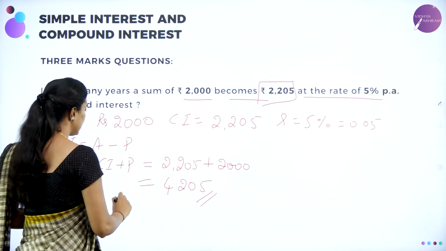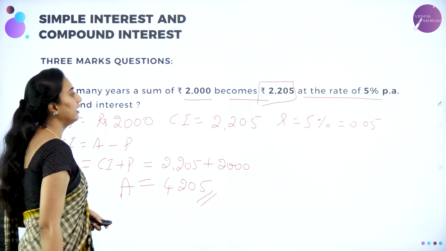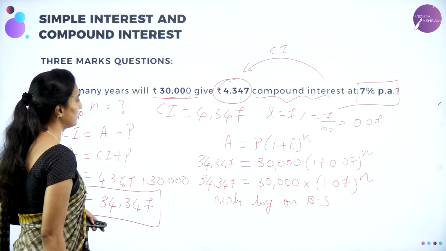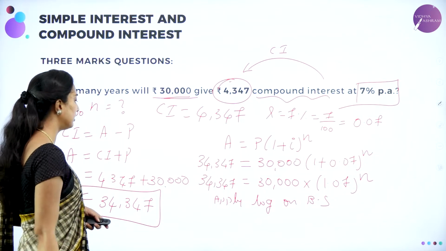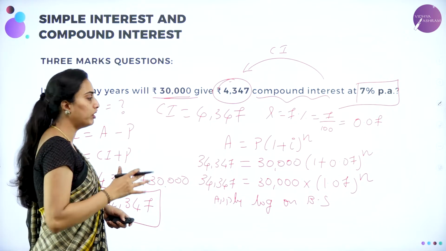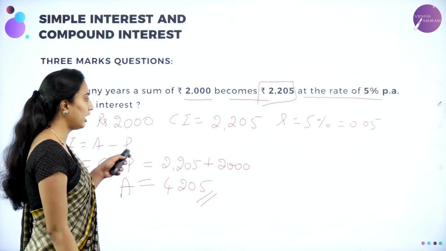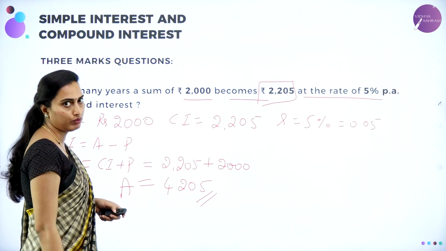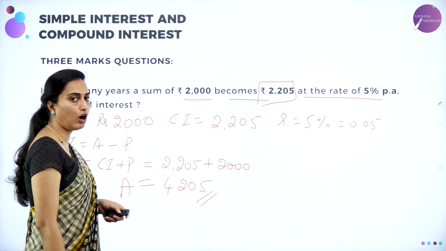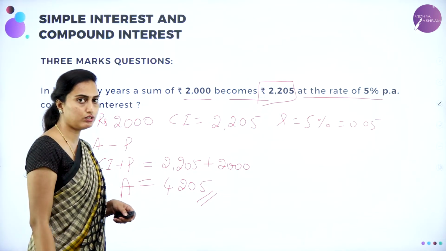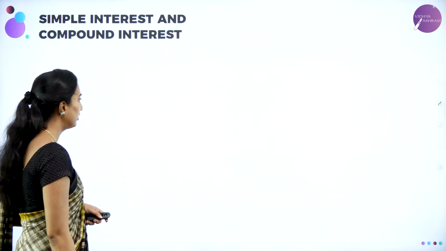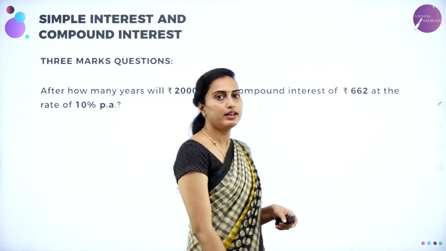Correct? Now this is A. Now you can calculate according to the procedure I have calculated. Same I have calculated here, isn't it? So the same formula you can apply for this one and find out the n value. So try finding out the n value here by applying log on both sides. Understood? Okay, we'll move on to the next question.